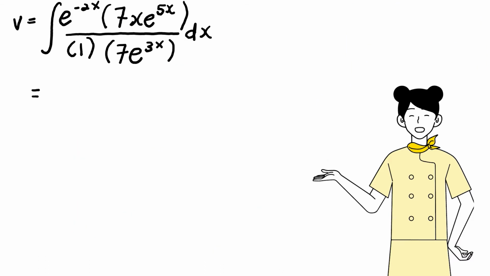Now we continue to find out what our v is. We just substitute. This is our y1, this is our f(x) over a, and this is our W, the Wronskian, and then I try to simplify first. 7 and 7 I can cancel out, and e^5x minus 2x we can get e^3x, and then we have e^3x also, so that we can cancel out the exponent.